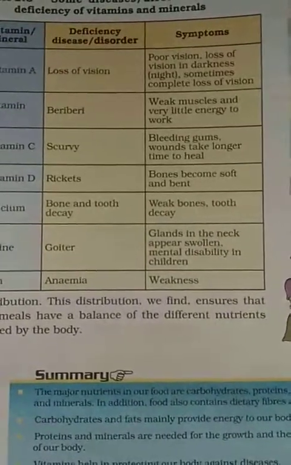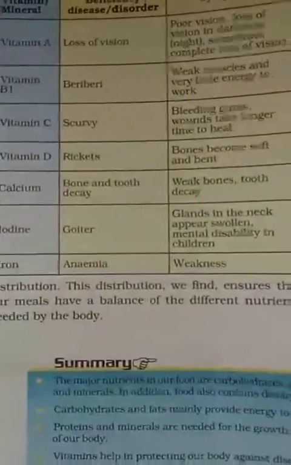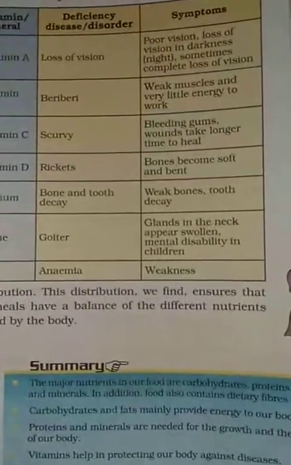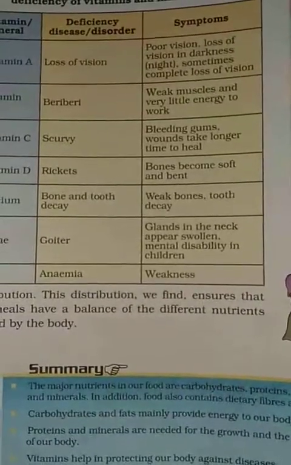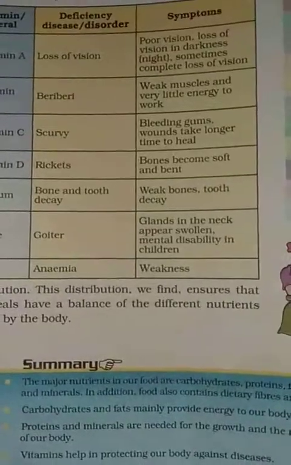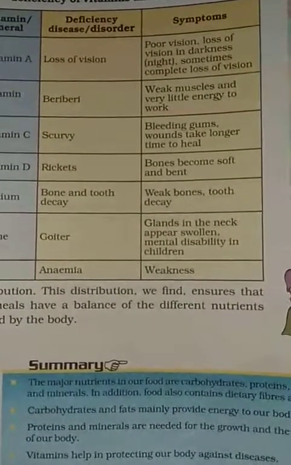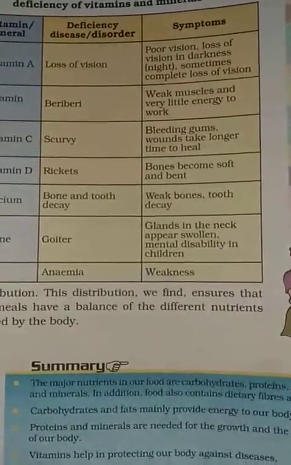Calcium. Calcium deficiency results in weak bones and tooth decay. These are the deficiency symptoms. Iodine, that is goiter. Glands in the neck appear swollen. You have seen that some persons have a swollen portion of the neck.